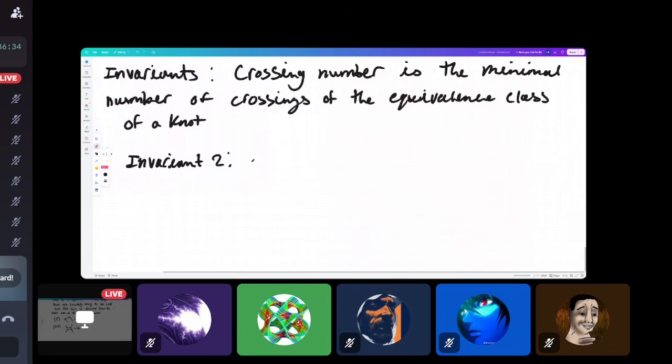Okay, there's another invariant. Invariant 2, P colorings. So this goes into graph theory. Let P be a prime number.